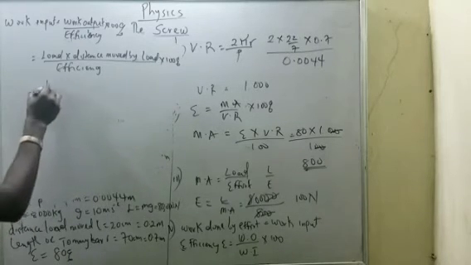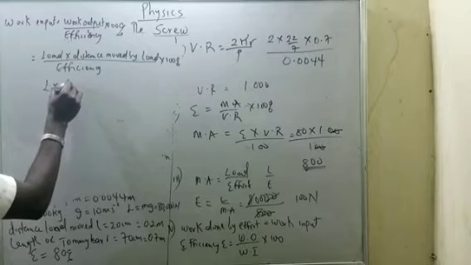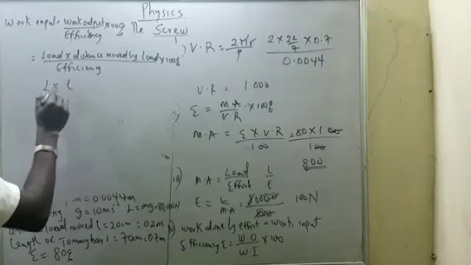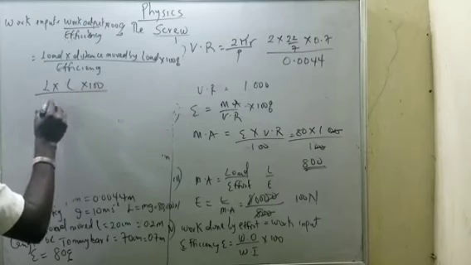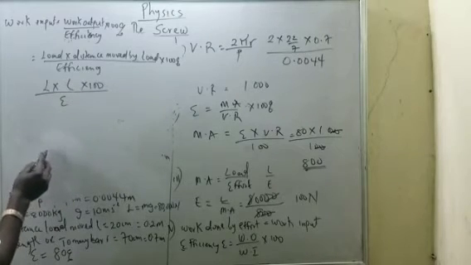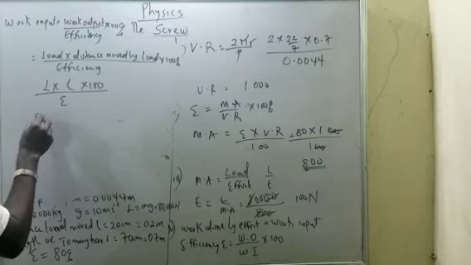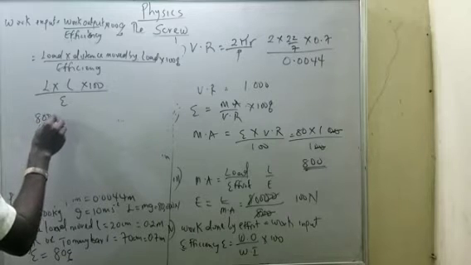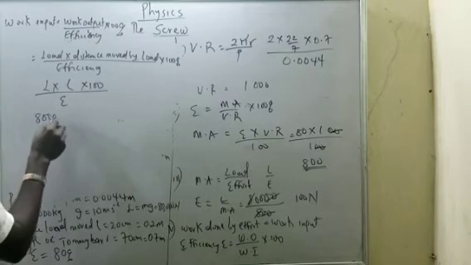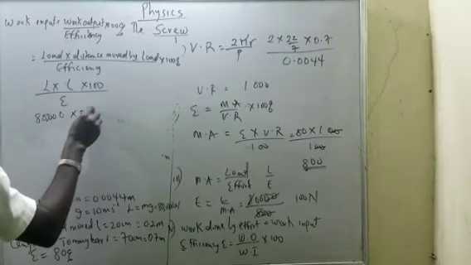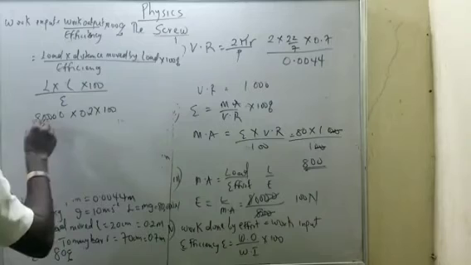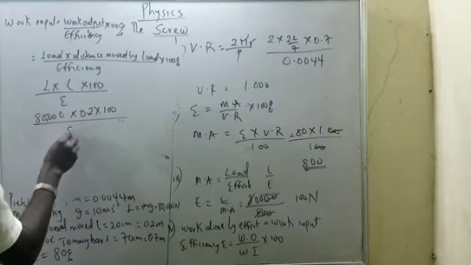L multiplied by small l multiplied by 100 divided by efficiency, which I have 80,000 multiplied by 0.2 multiplied by 100 divided by efficiency, which is 80.